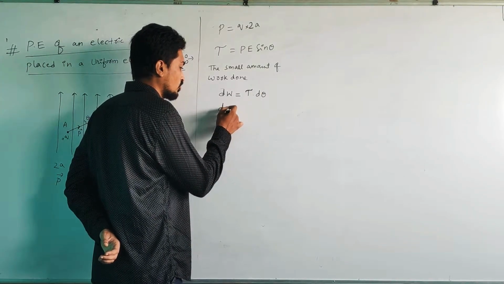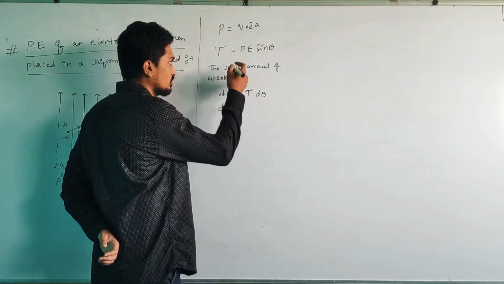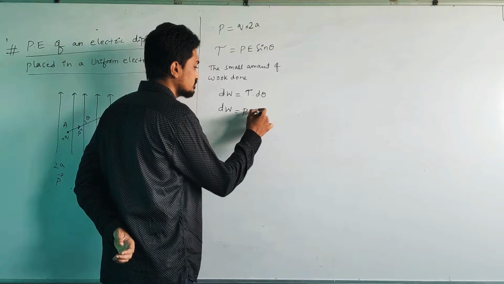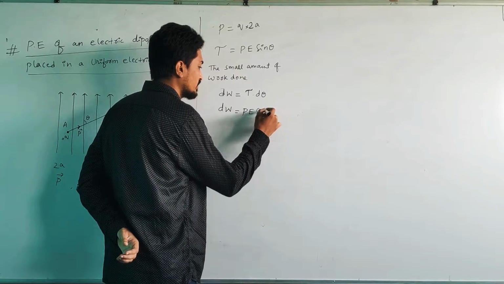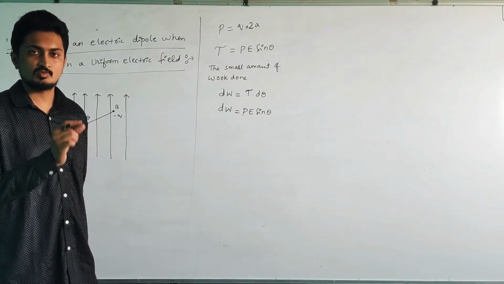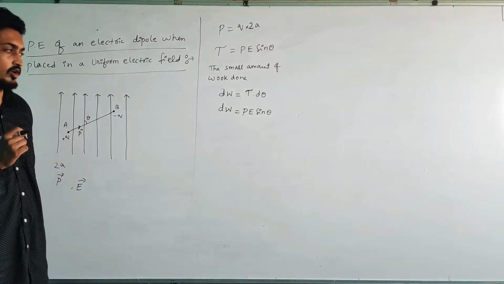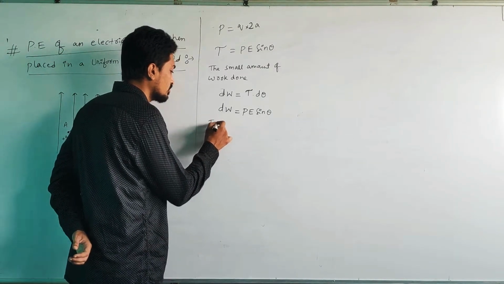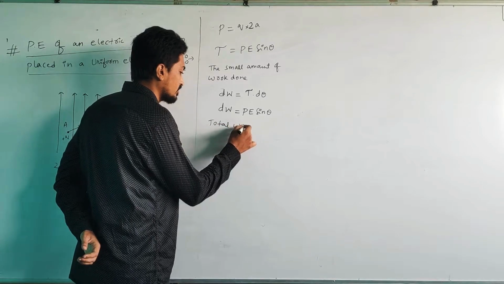Substitute the value of tau. What is the value of tau? P E sin theta is the value of tau. So this is the small amount of work. We have to find the total work done.